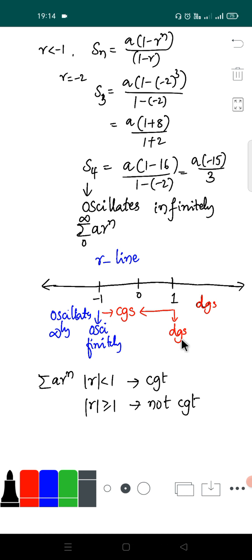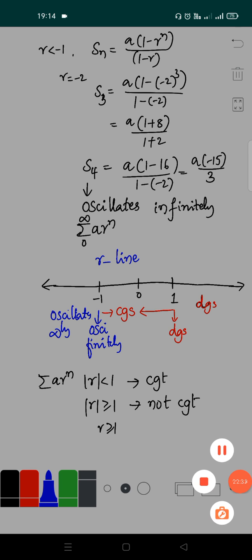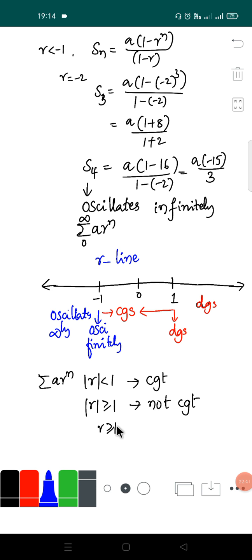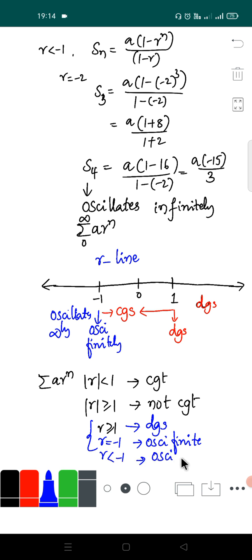For the particular cases, if r is greater than or equal to 1, we say that the sequence diverges. If r is equal to -1, the sequence oscillates finitely, and if r is less than -1, the sequence oscillates infinitely. So these are all the possible cases for the geometric series.